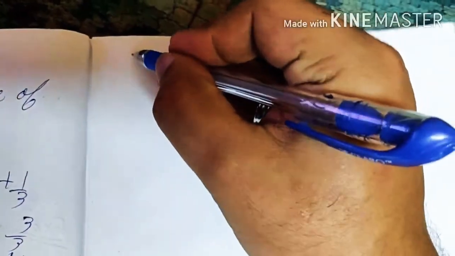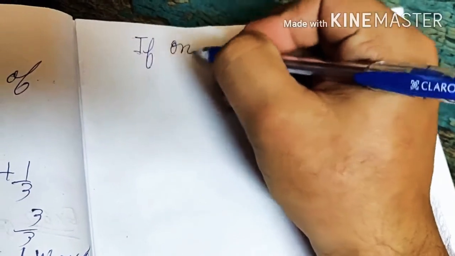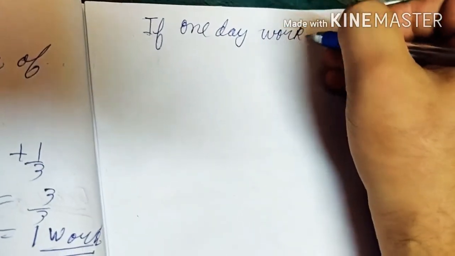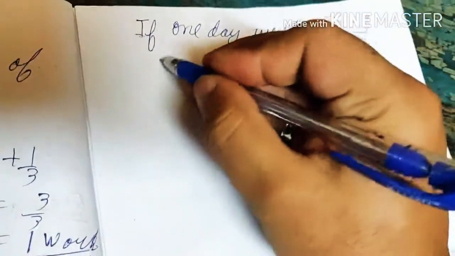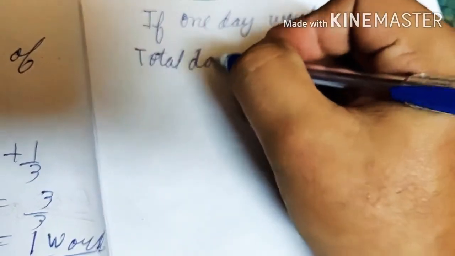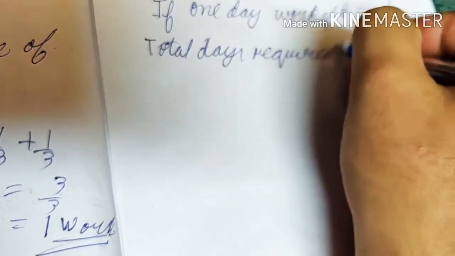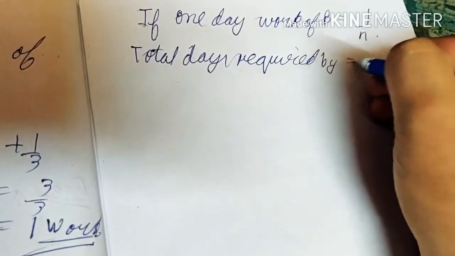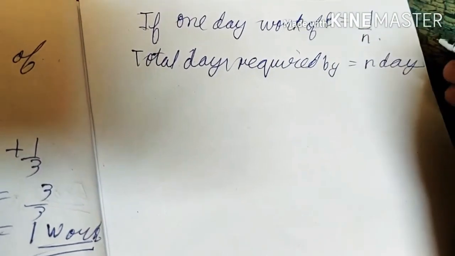Always remember, if 1 day work of B is equal to 1 by n, then total days required by B will be n days. This is always reciprocal to each other.